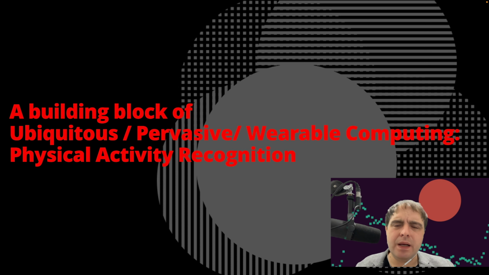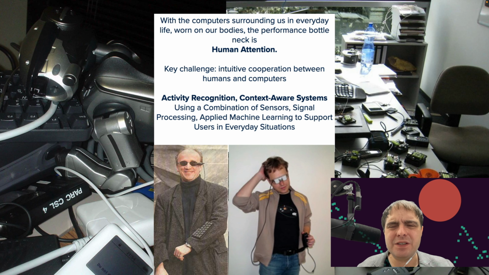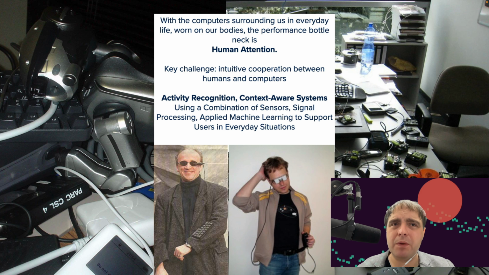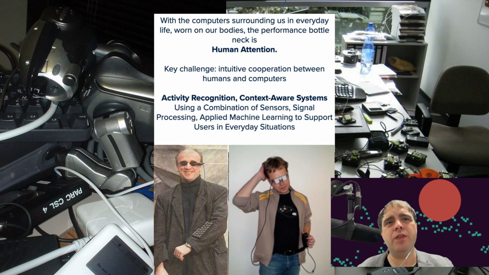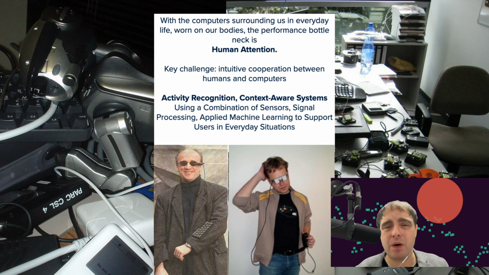So early on in my research career, I realized that if we are surrounded by computing, and that's the idea of ubicomp, of pervasive, of wearable, they might focus a little bit more on the environment. Pervasive and ubicomp focus on the environment, and wearable is really close to the body.